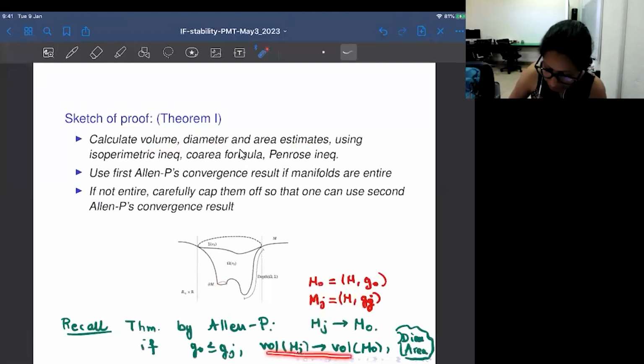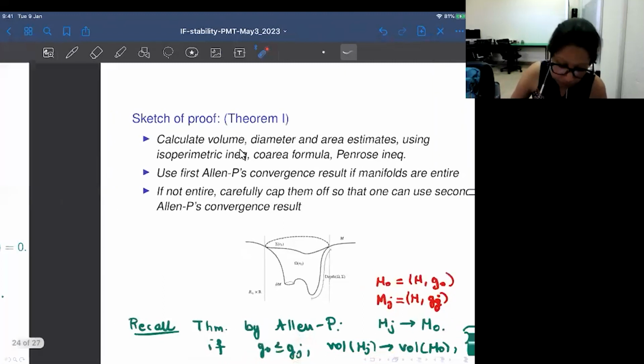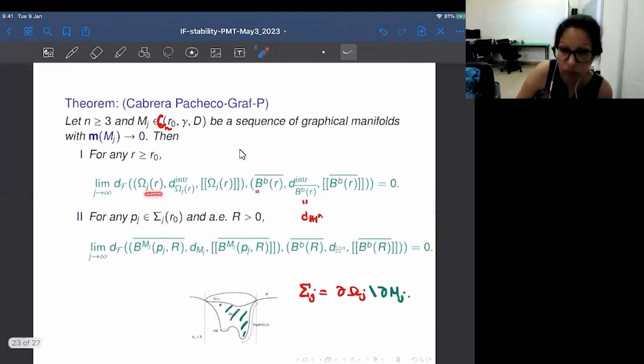And one obtains these conditions on diameter and area bound. And moreover, because our manifolds are graphical manifolds, one will have that the hyperbolic Riemannian metric is less than or equal to the Riemannian metric of my manifold. And so then we get the convergence that we want.